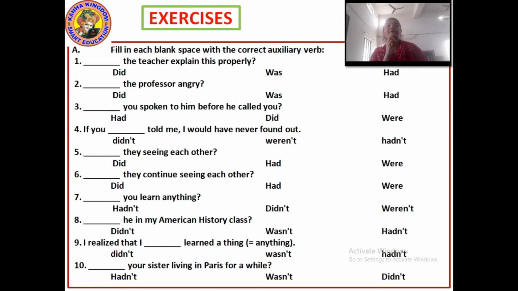You have to read the sentence very carefully, understand it, as per what I have explained to you, and fill these blanks with the auxiliary verbs. In this exercise I am not going to help you at all. Let's see how much you have understood and how much you can do it.